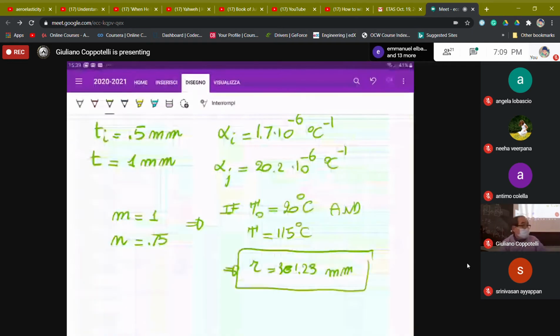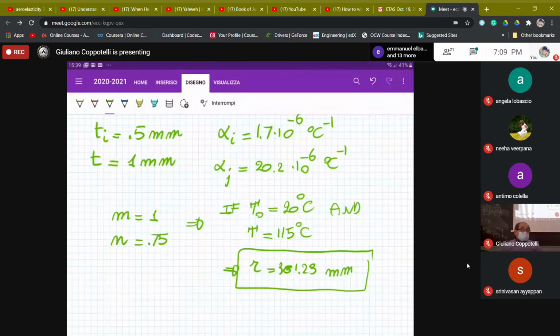That is something that could be used in designing an additional mechanical device that is translating that bending into something that could be used to estimate the temperature.